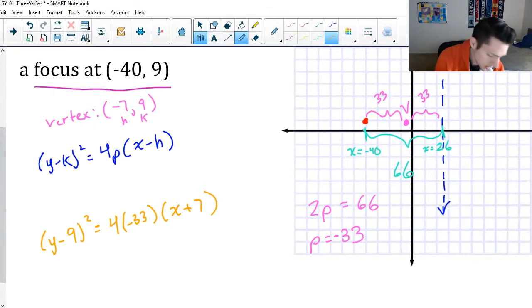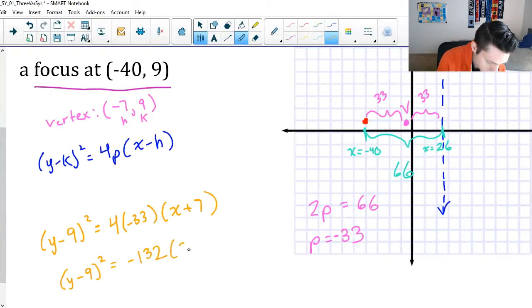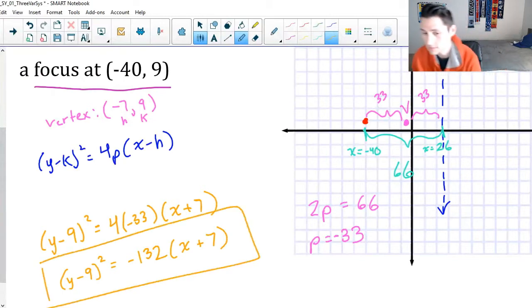I'll simplify that a step more: 4 times negative 33 is negative 132, times x plus 7. So that must be the equation for the parabola that has a focus at the coordinate negative 40, 9, and a directrix at x equals positive 26.